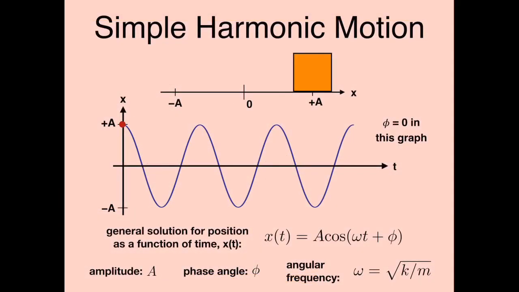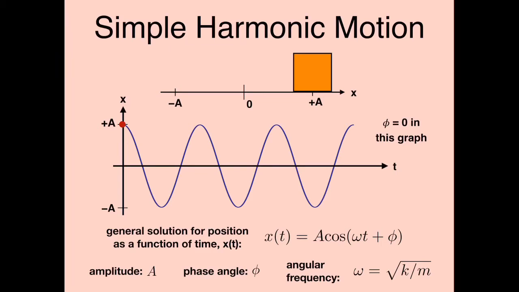Okay, so let's take a closer look at that general solution for the position as a function of time of a simple harmonic oscillator. So we have x of t is equal to A cosine omega t plus phi. Now we have three different constants in there, which are the amplitude A, the phase angle, that's what we call phi, and the angular frequency omega, which as we said is root k divided by m.